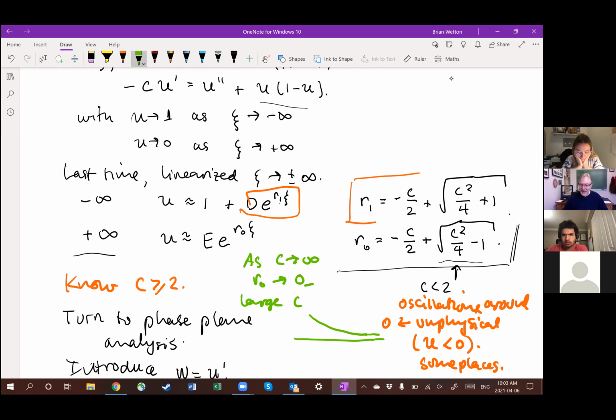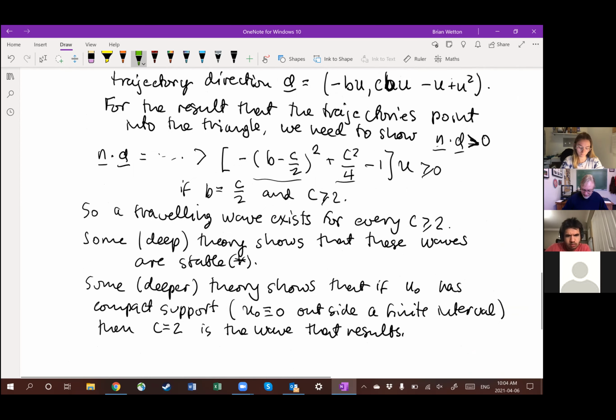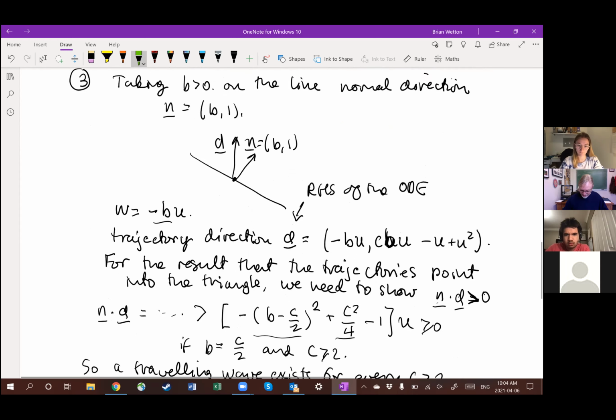And so this is somehow giving you the hint that to have this wave move faster, you have to have preceded out at infinity some fat exponential tail of the population. Whereas if you start with something that has no tail out at infinity, then it picks out the one that moves the slowest, the c equals 2 traveling wave.